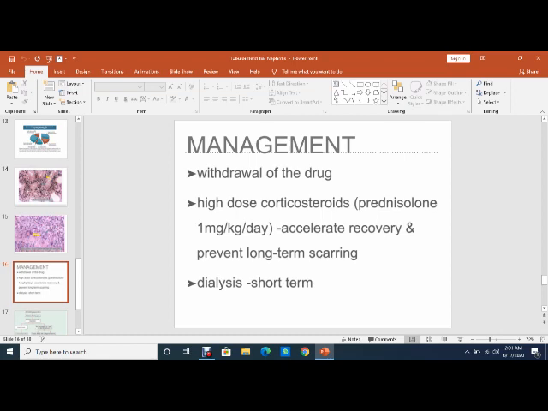And steroid has an essential role, as it accelerates recovery and prevents long-term fibrosis. So high dose corticosteroid, 1 milligram per kilogram per day, but in these patients it is given as short-term therapy, and sometimes these patients require short-term dialysis.